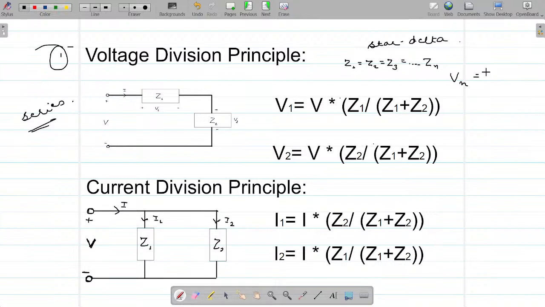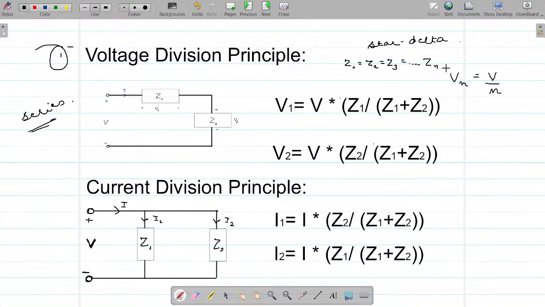It should be V upon N. Do I need to explain this? See, it's very easy. If you have n number of elements in this network, the potential, as a rule, is based on one Z in the numerator and the sum of impedances in the denominator.